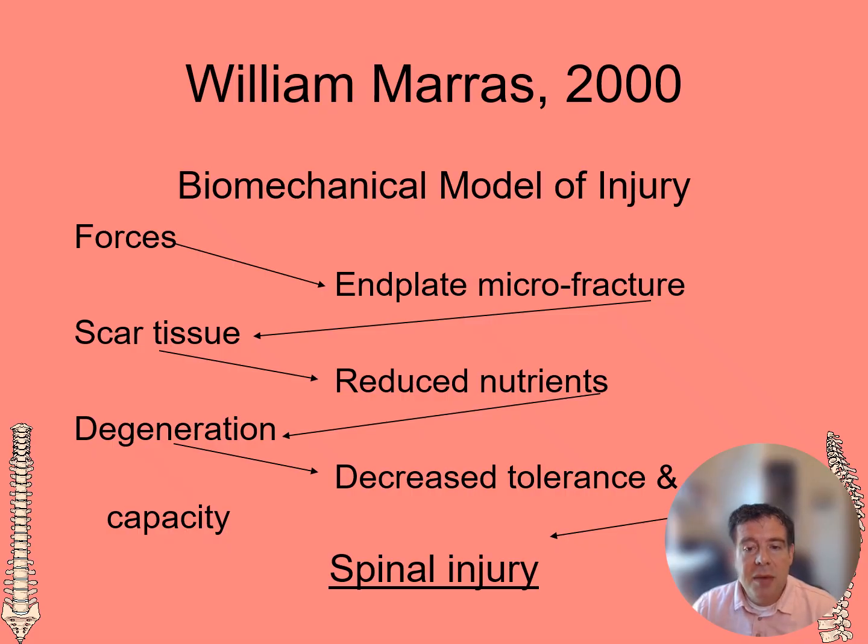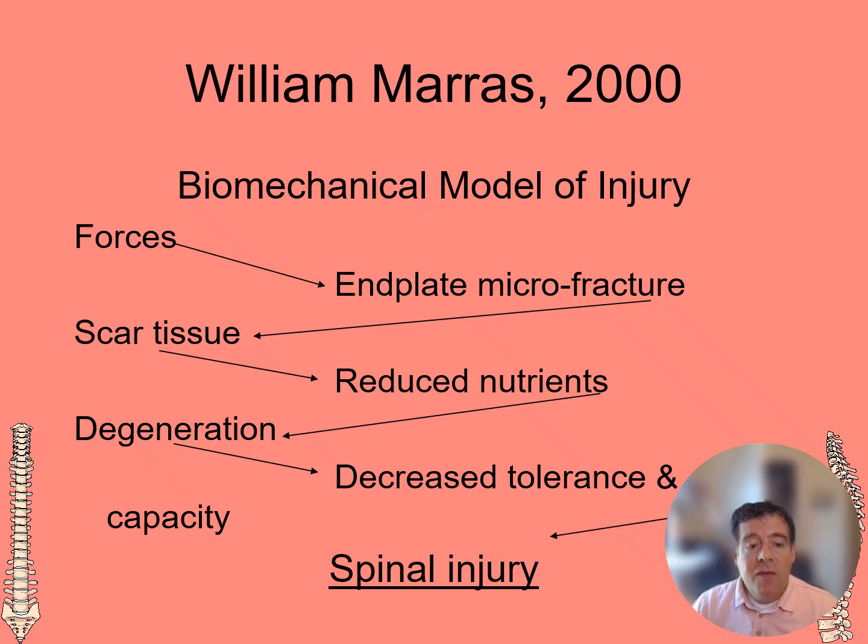We often talk about how those discs bulge first. Usually that's the first indication, and it's because of these microfractures to the end plate. When we get those, it causes scar tissue. Those discs act with diffusion, bringing the nutrients in and out. So if we have scar tissue, the nutrients dramatically decrease, and our healing rate decreases.